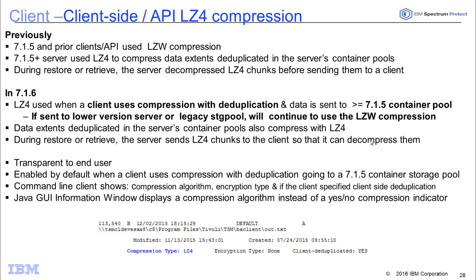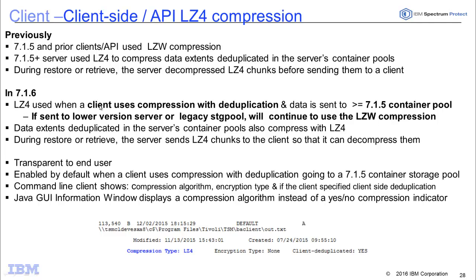This created a little bit of a disconnect. If the client wanted to restore data from a 7.1.5 container pool, it would have to first decompress the data and then send that over the network to the client, because the client could not previously read LZ4 chunks. Well, now the client can read those LZ4 chunks, and it can also compress utilizing LZ4.